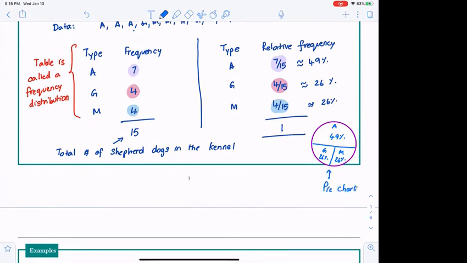Now, a bar graph would take the frequency distribution or the relative frequency distribution, and it is going to represent each of those percentages or frequencies using bars.